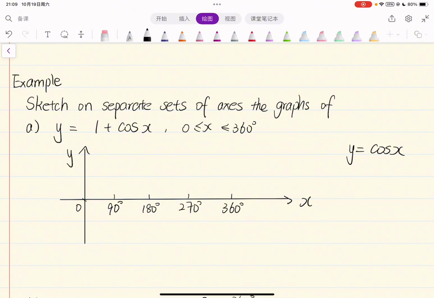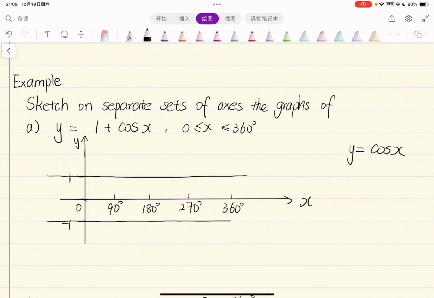We know the maximum value of cosine x is 1 and the minimum value is negative 1. So the curve of cosine x is between y equals 1 and y equals negative 1.